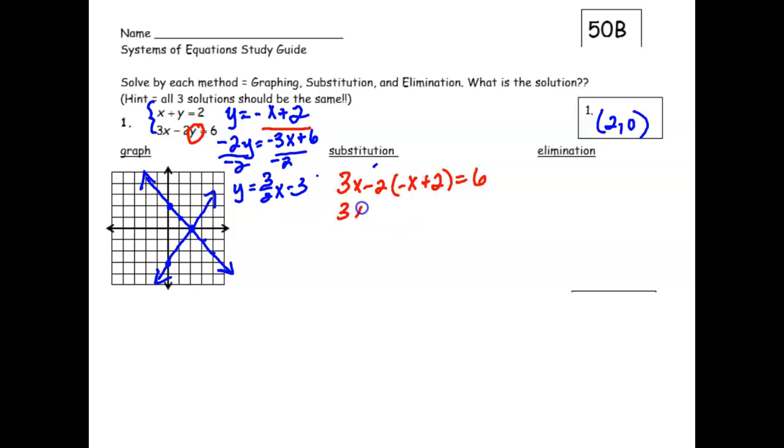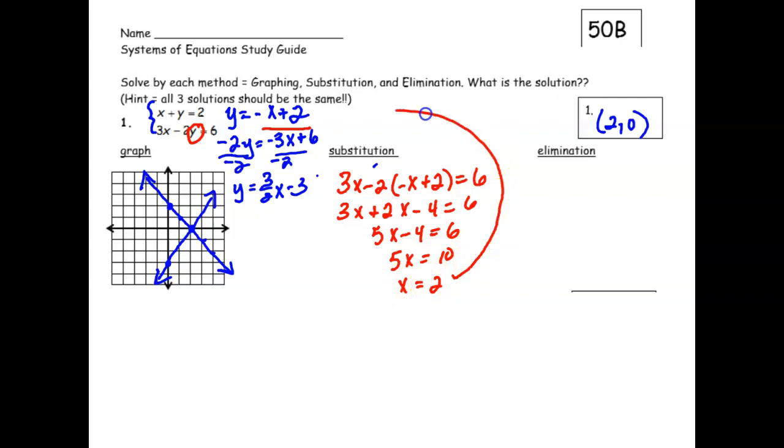When I distribute, 3x + 2x - 4 = 6, I'll get 5x - 4 = 6, 5x = 10, so my x is 2. I then plug it back in to get my y. So my y is going to be equal to -2 + 2, which is 0. So again, my ordered pair is (2, 0).